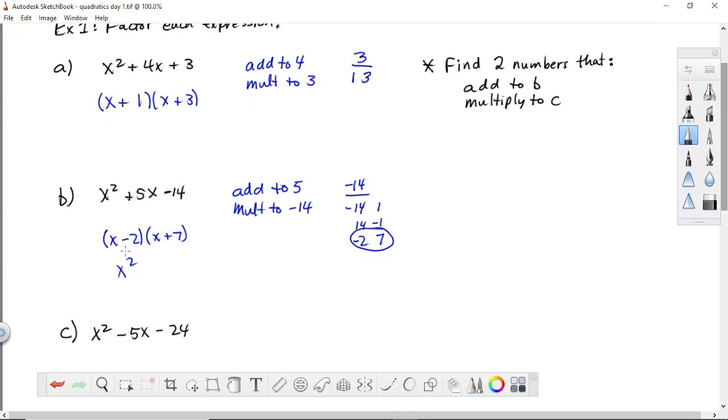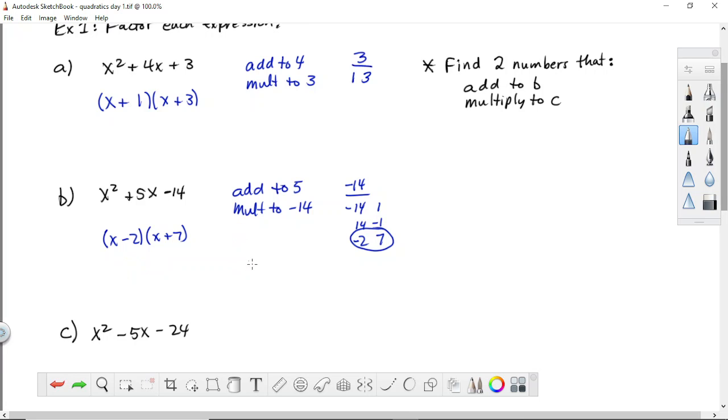X times 7 is 7x. And then negative 2 times x, that's negative 2x. So we said 7x. And then subtract 2x, that gives us 5x. And then negative 2 times 7 is negative 14. So it does check.